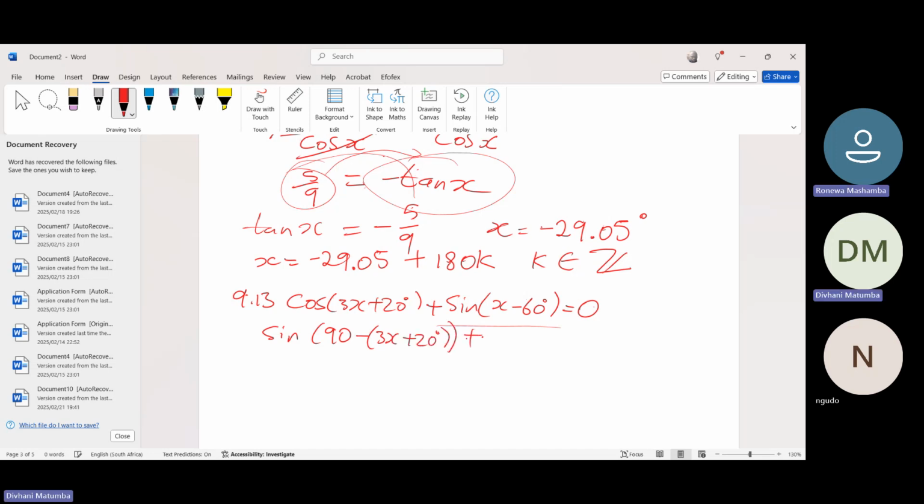And then plus sine of x minus 60 is equals to 0. Yes, this is where we are right now.